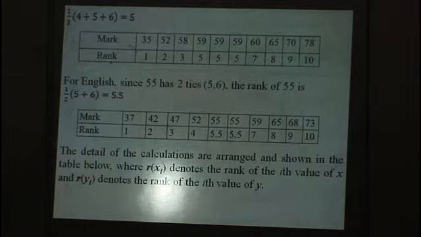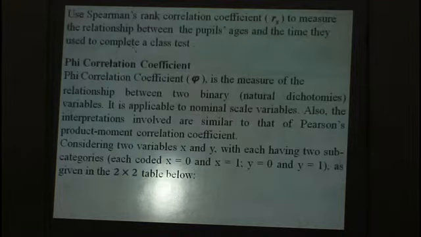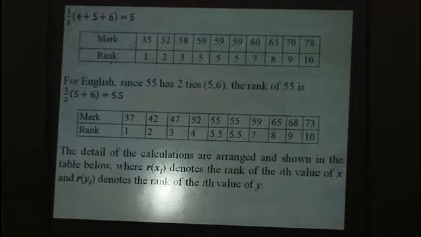By that we will get 1/3 times (4 plus 5 plus 6), which is 15 divided by 3, which is 5.